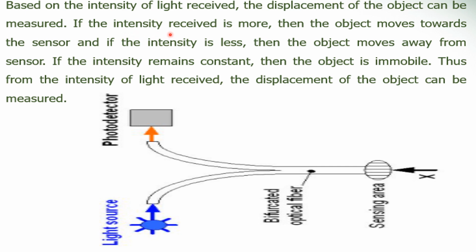If the intensity received is more, then the object is moving towards the sensor. If the intensity is less, then the object moves away from the sensor. If the intensity remains constant, then the object is immobile. Thus from the intensity of light received, the displacement of the object can be measured.